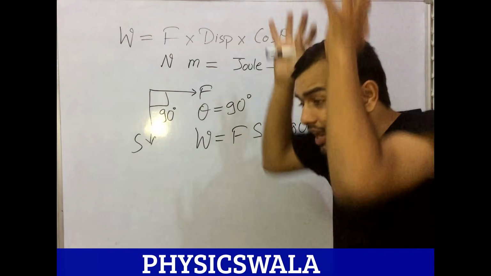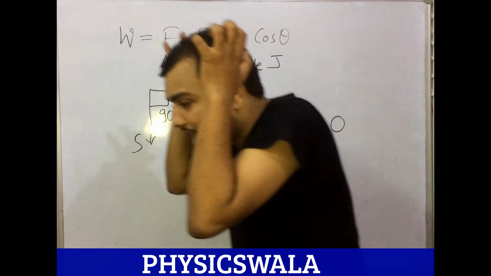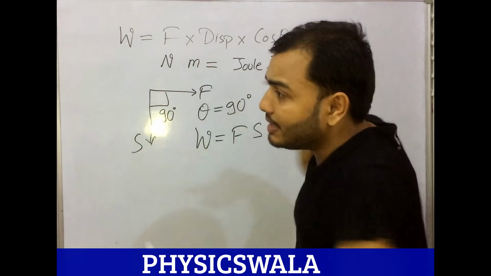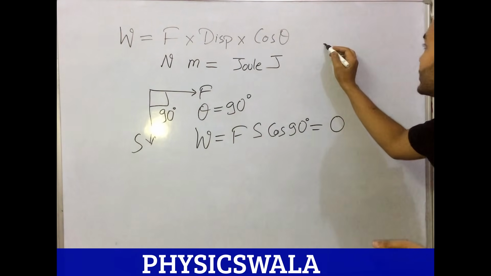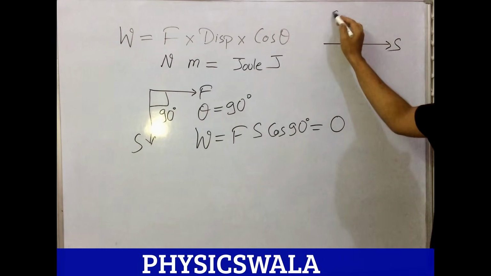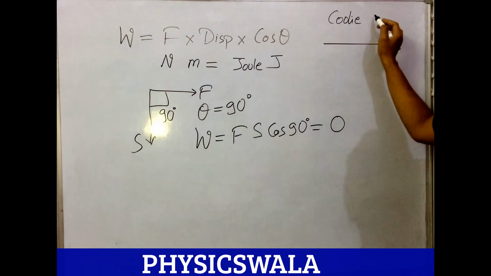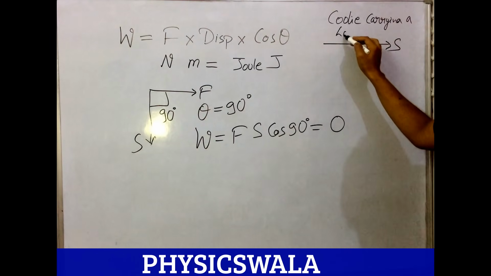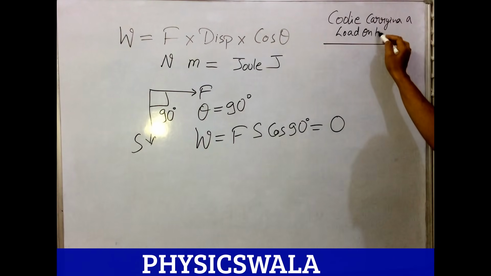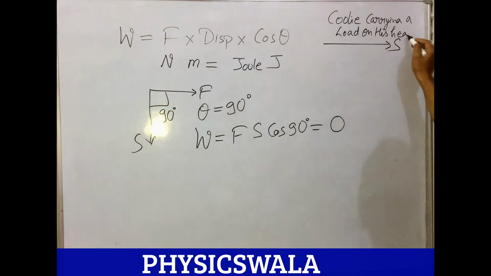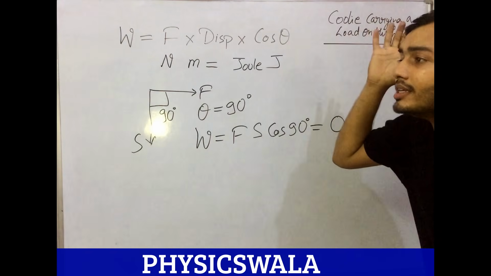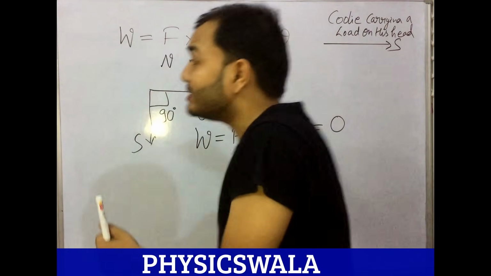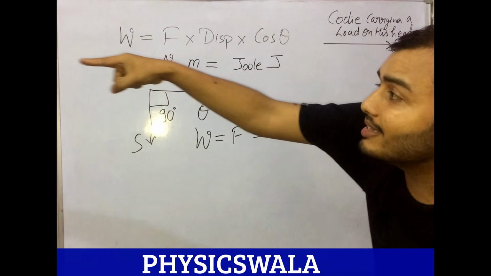The earth is pulling the weight downwards, but he is walking like this. So what is the displacement? Like this. So the displacement of a coolie who is carrying a load on his head is like this.